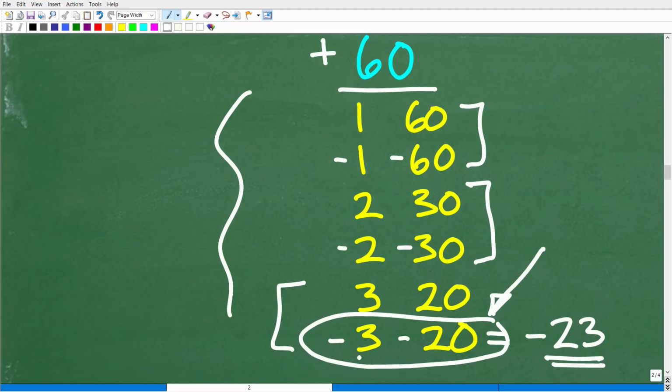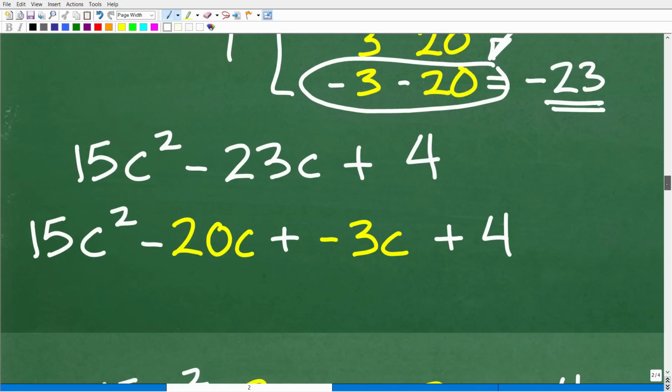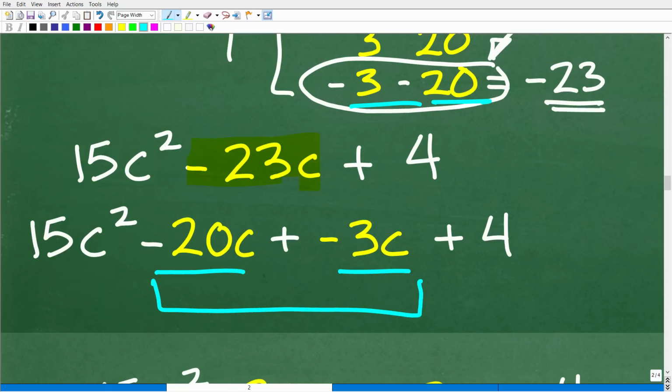All right, so what do we do with -3 and -20? Well, what we're going to do is write that -23 right here. Instead of writing this as -23c, we're going to write it using these two factors, right? So we're going to use -20 and -3, because -20c and -3c is -23c.